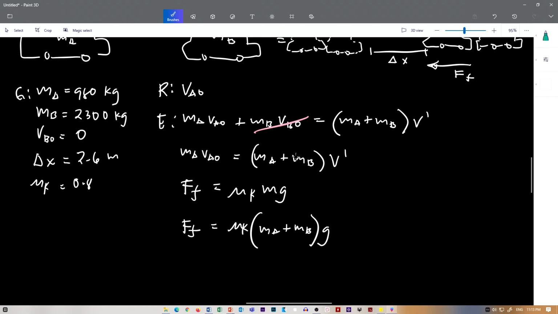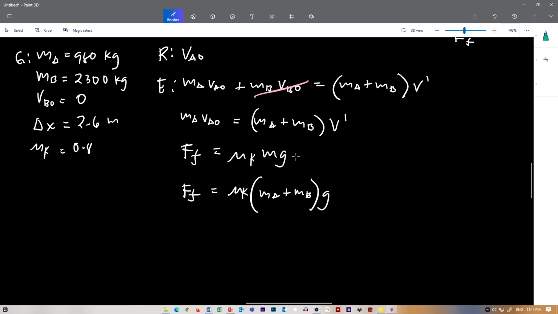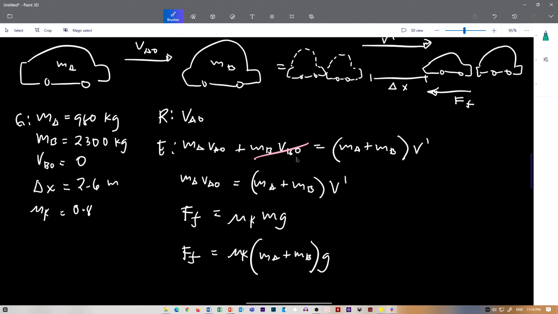Then what else can we do here? We don't have the final velocity, but we have distance, right?